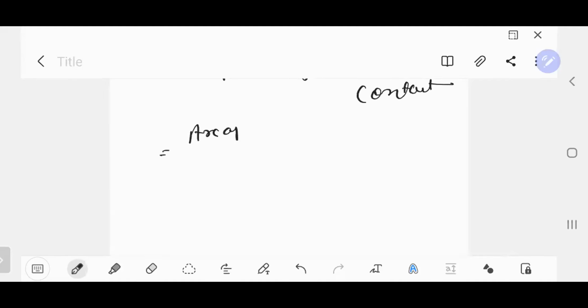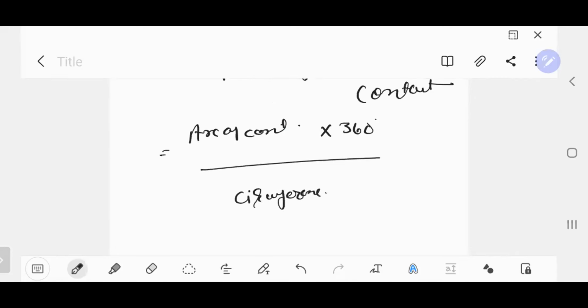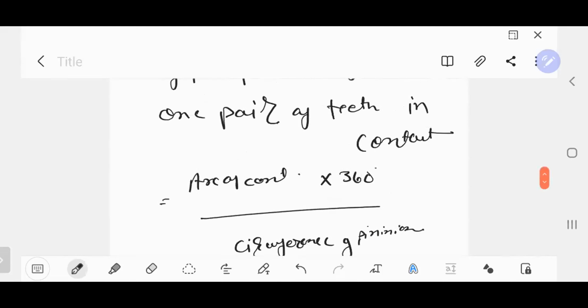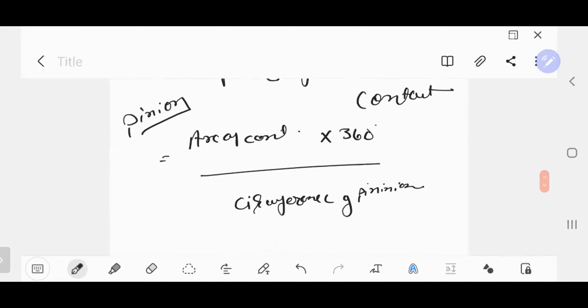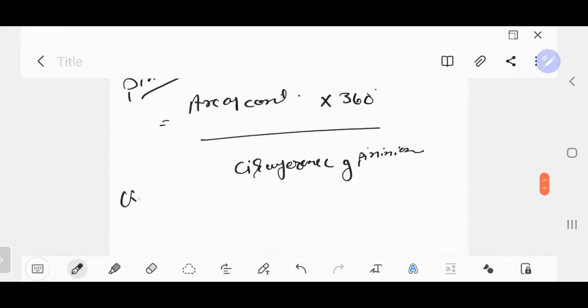Angle is equal to arc of contact multiplied by 360 degrees divided by the circumference of the pinion. This is for the pinion. The first one is for the pinion. And the second thing, again we can calculate for the gear.